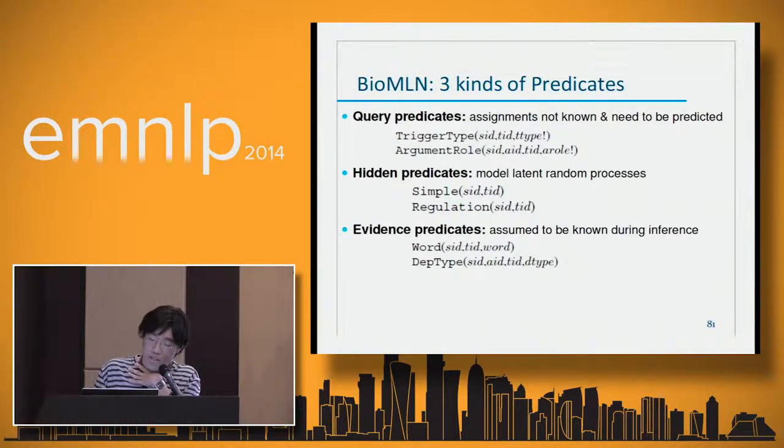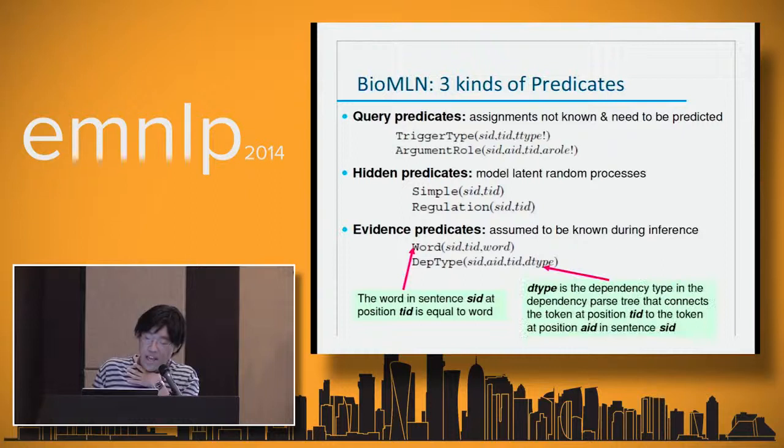In particular, we have 2 kinds of evidence predicates in our MLN. The word predicate encodes whether the word in sentence SID at position TID is equal to this word. And this predicate dependency type encodes whether D-type is the dependency type in the dependency parse tree that connects the token at position TID to the token at position AID in sentence SID.